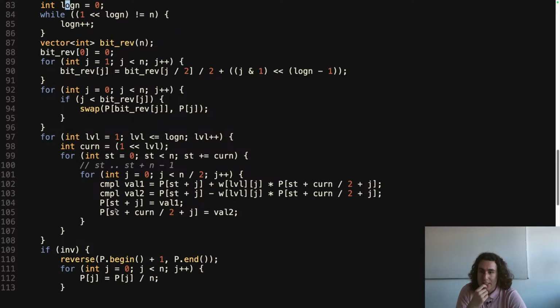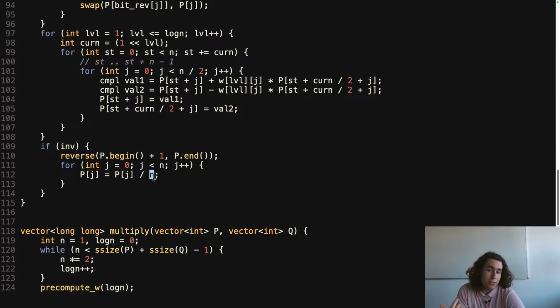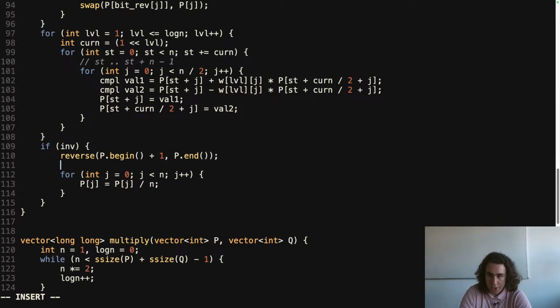Okay, the difference is here, right? We need to divide by n, but we need to divide modulo. So we'll have inverse n, which is n to the power of mod minus 2. And we're going to multiply here by this inverse n.